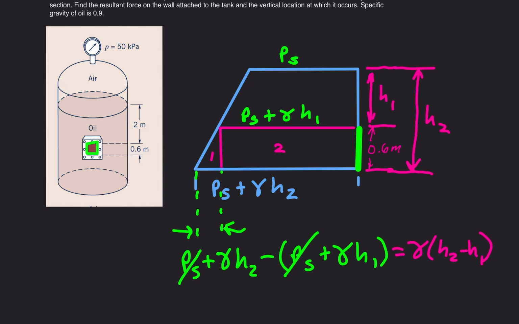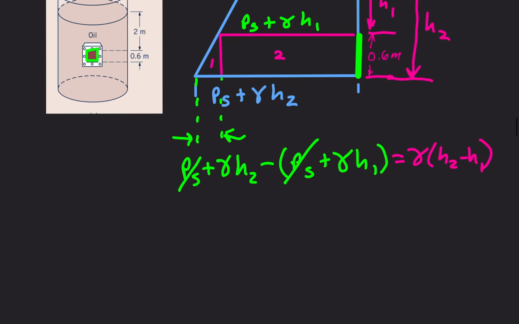All right, so let's calculate our volumes. Okay, so we'll start with 1. So how would you calculate the volume of a triangular prism such as this? Well, it's the cross section, a half times base times height times the depth. We'll call it W for width. Okay. So what's the base? The base we determined to be gamma H2 minus H1. So I'll write it like this, gamma H2 minus H1.